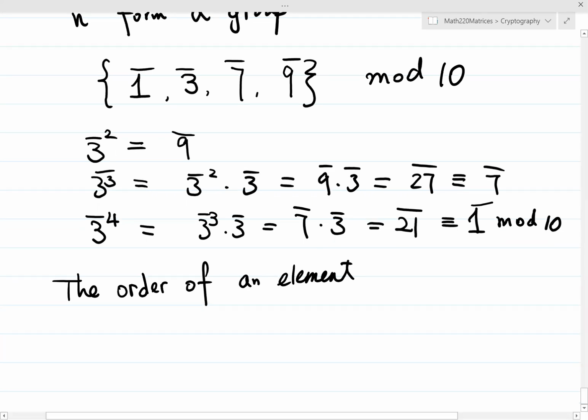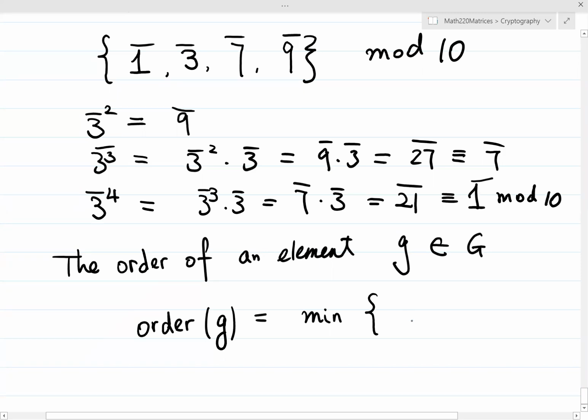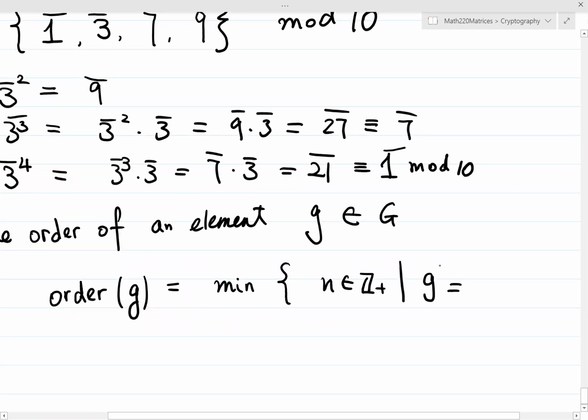So if we have an element g in a group G, the order of g is the minimum positive integer n such that g to the power n is the identity element.